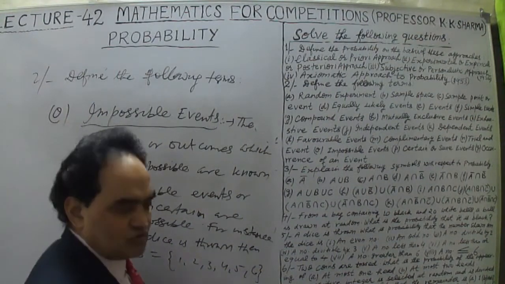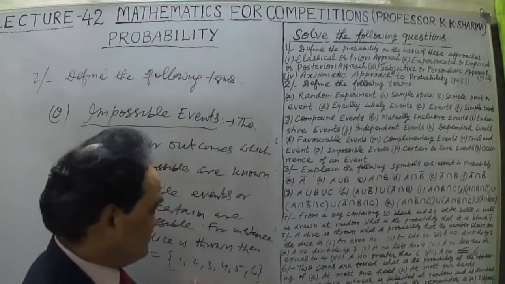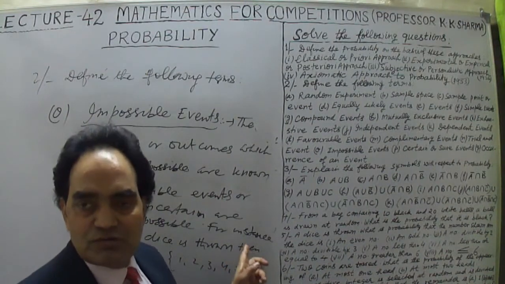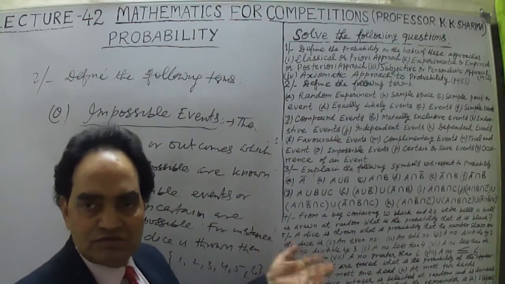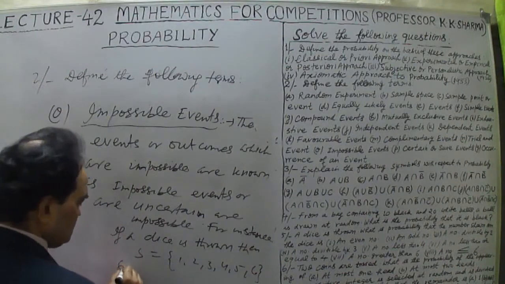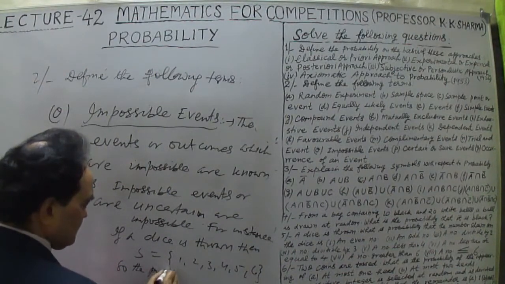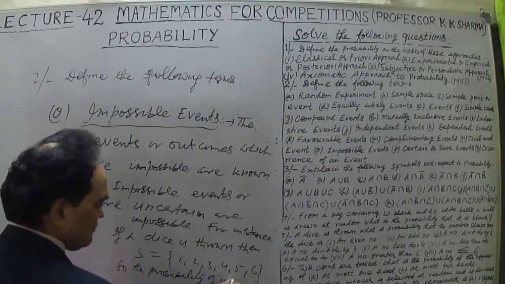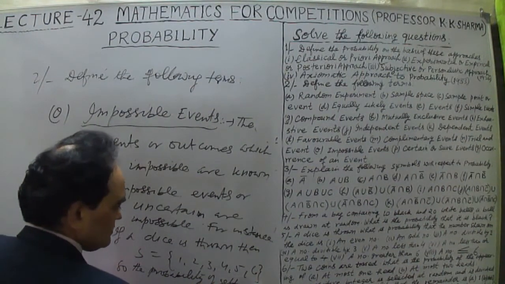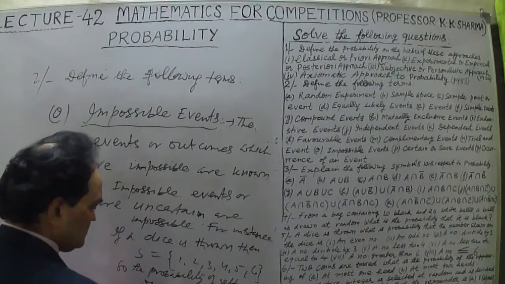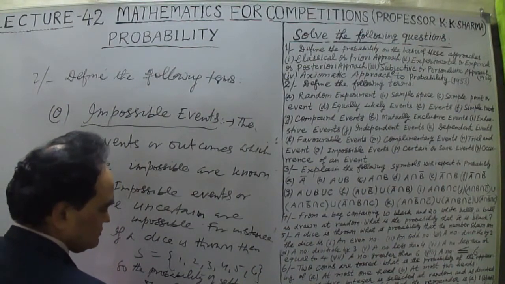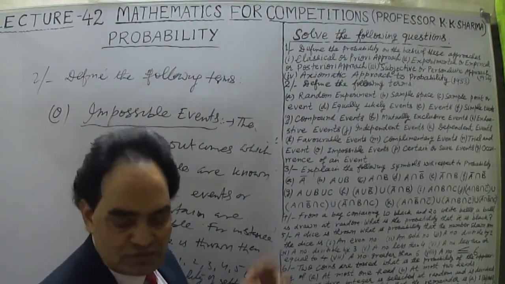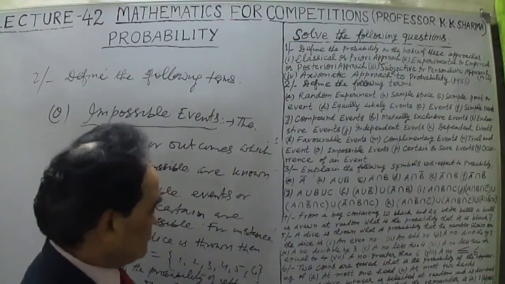Now getting 7 or 8, because here we have only 6 points, 1, 2 up to 6. If I ask what is the probability of getting 7 or 8, it is 0. That is an impossible event. 7 is an impossible event, 8 is an impossible event. It is not possible here.